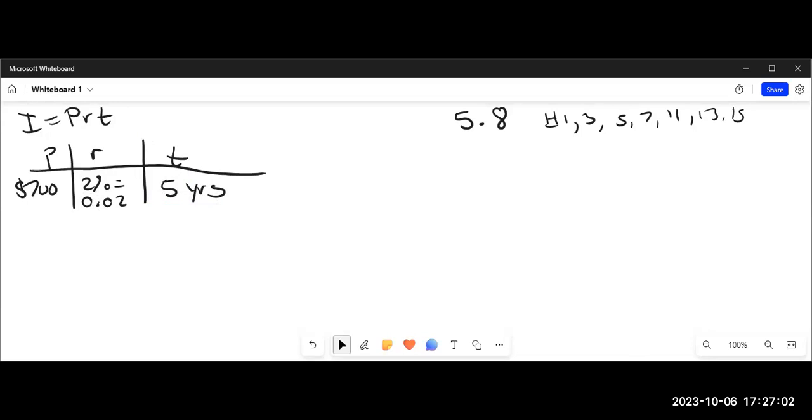You'll most likely need a 4-function calculator or a scientific calculator to help you with this. Our interest is going to be 700 times 0.02 times 5, and we calculate that and get $70.